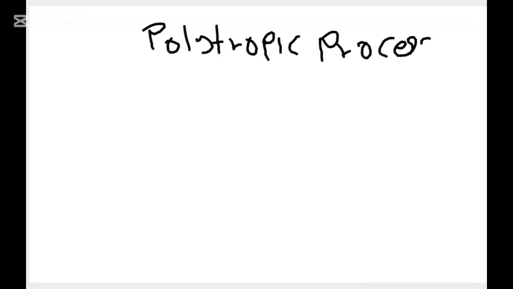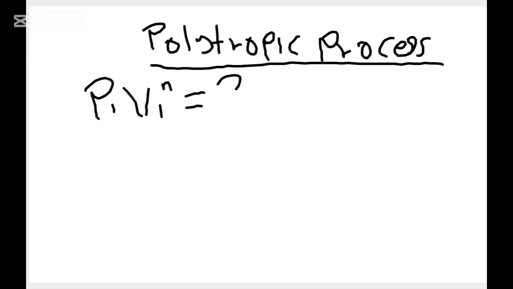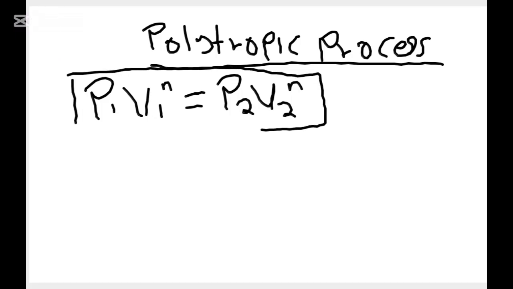The polytropic process formula is P1 V1 raised to the power of n equals P2 V2 raised to the power of n.